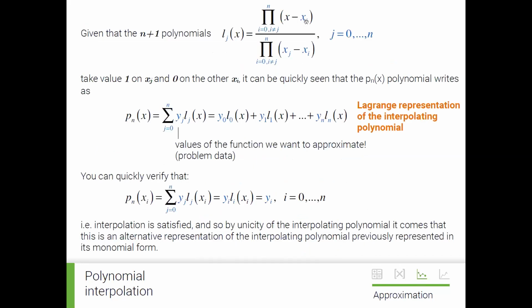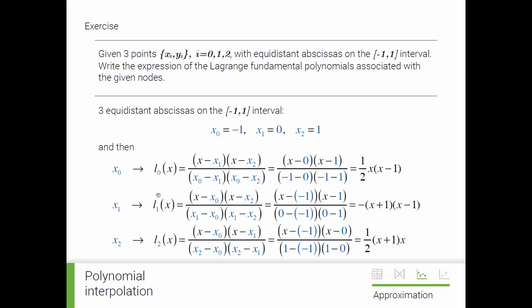Look here, xi, and you have xj. So j here is 0. In the second case, j is 1. In the third case, j is 2. Now after substitution we get x minus 0, x minus 1, and -1 minus 0, -1 minus 1 here. So you get 1/2. We obtain 1/2 x times (x minus 1). This is for x0 when j is 0.